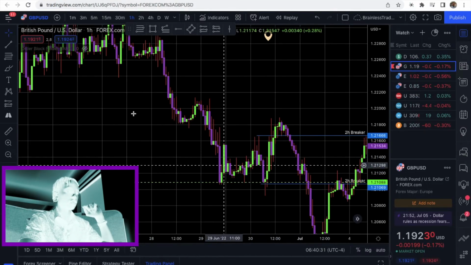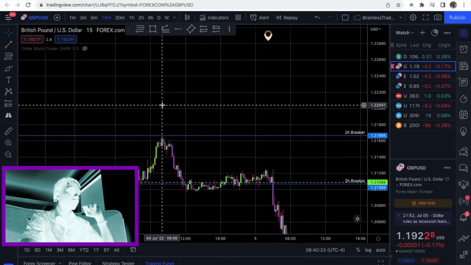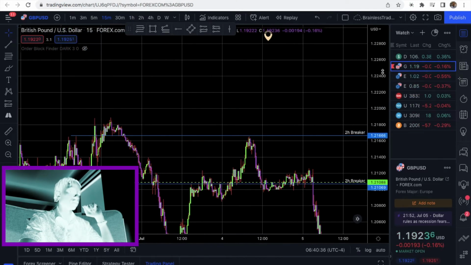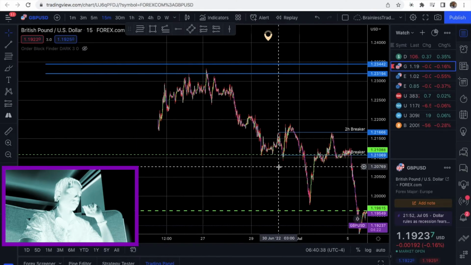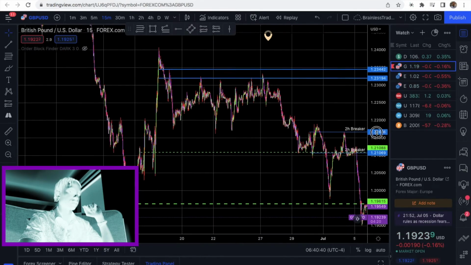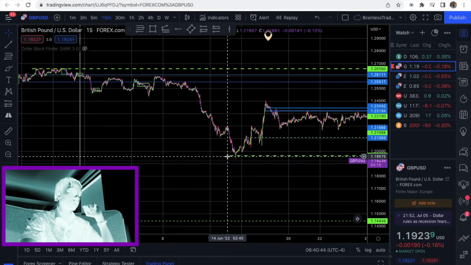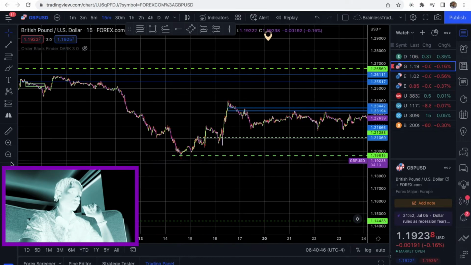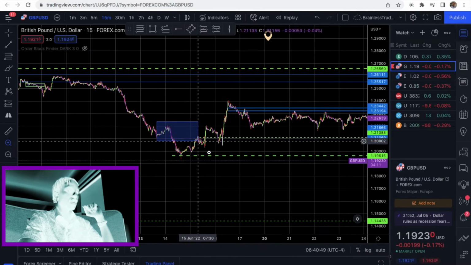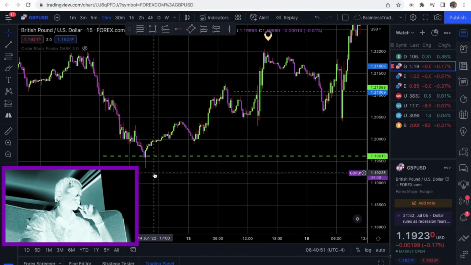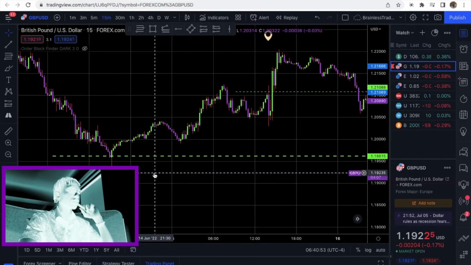Let's go into this range right here. We go in the 15-minute and we go back into that range. I'm assuming that range was this. So we go here. After liquidity has been breached, yes, you can have a bullish order block, right?